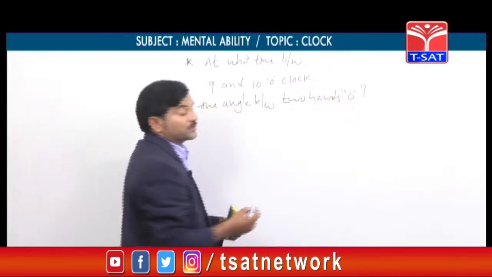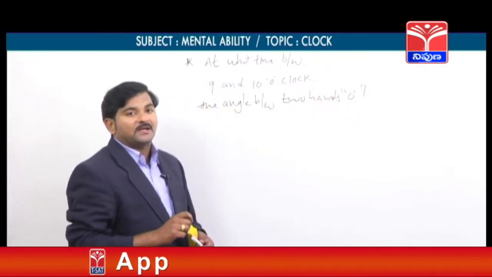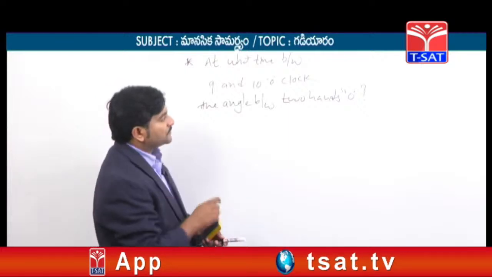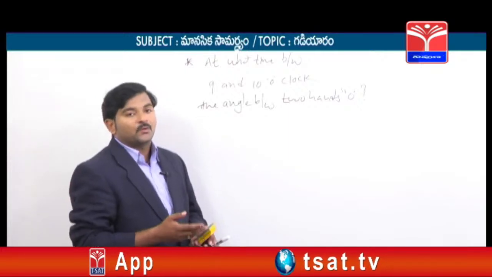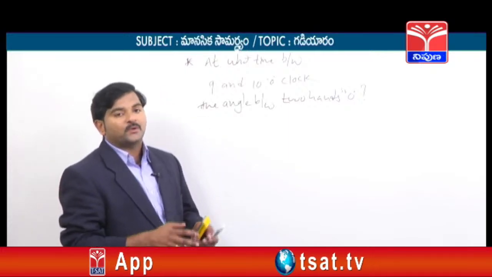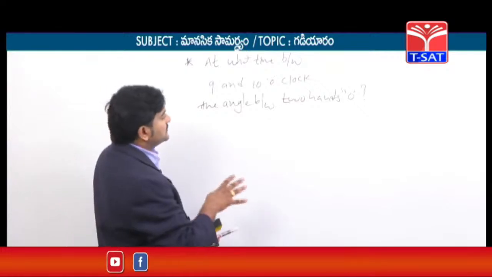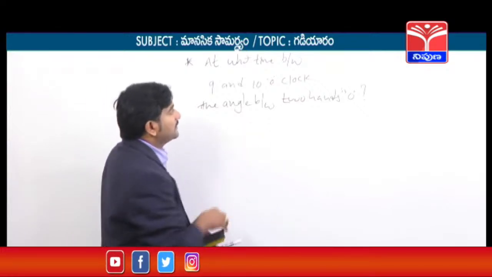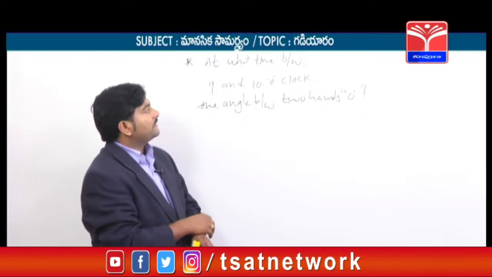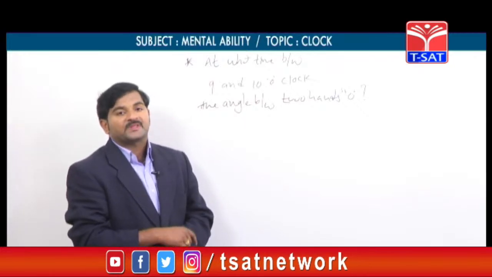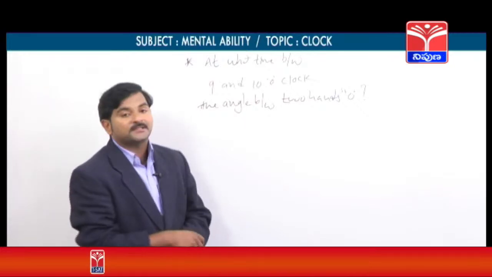That is the question. Same question I am asking in a different way. What was the previous question? At what time between 2 o'clock and 3 o'clock may the two hands coincide? That was the previous question. Now the same question I am asking in a different way: at what time between 9 and 10 o'clock is the angle between the two hands 0 degrees?